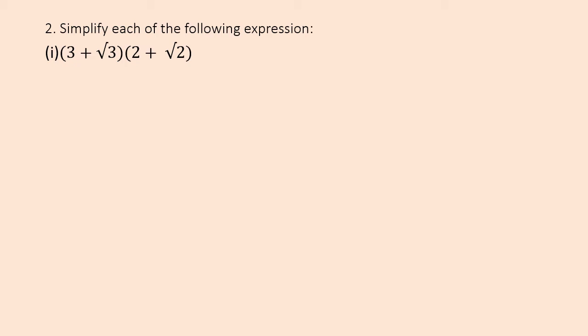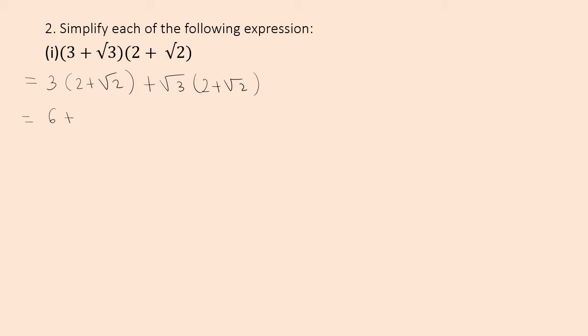For that, this is equal to 3 multiplied by 2 plus root 2 plus root 3 multiplied by 2 plus root 2. Now multiply each term in the bracket by 3. So you are getting 3 2s are 6 plus 3 multiplied by root 2.